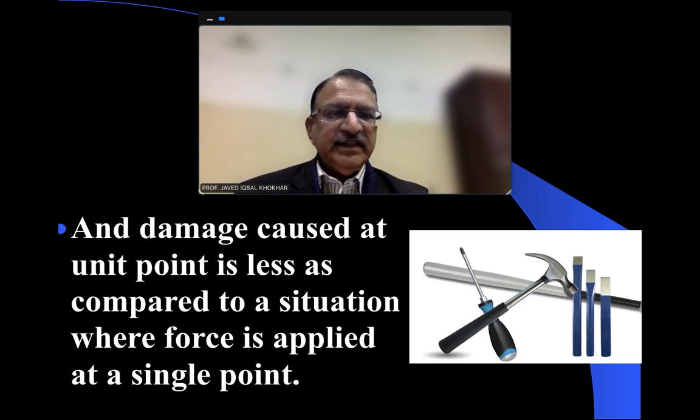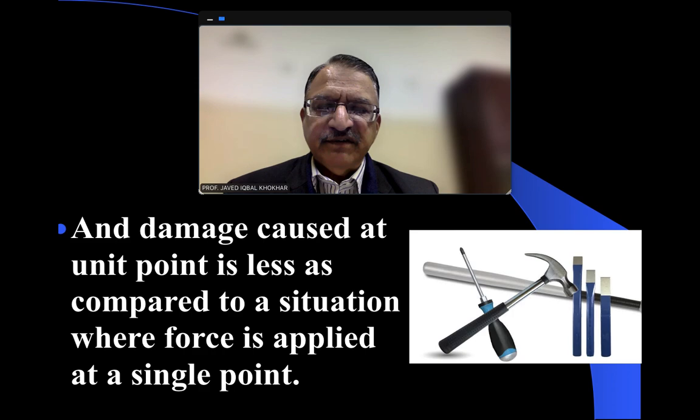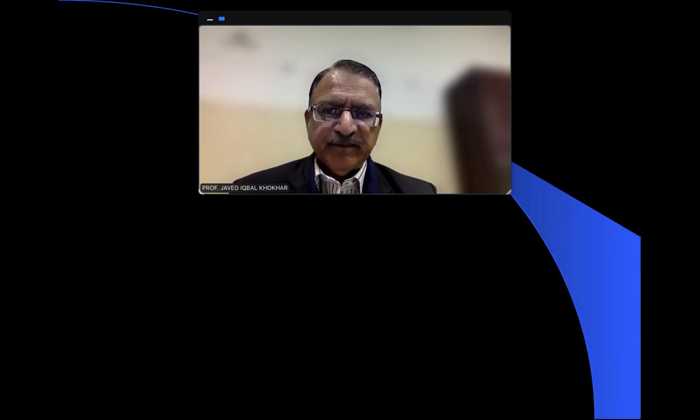You can see the tip will be dissipating energy on one point, but a rod is offering a broader surface, and per unit transfer of energy will be much less.